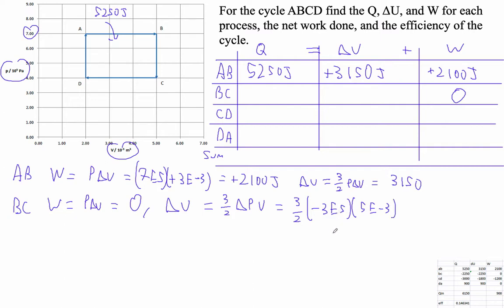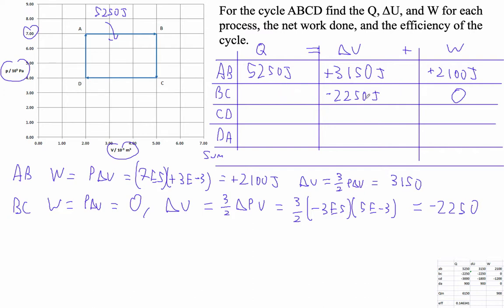So 3 divided by 2 times negative 3E5 times 5E minus 3 is negative 2250. That's the change in internal energy. So it gets colder.